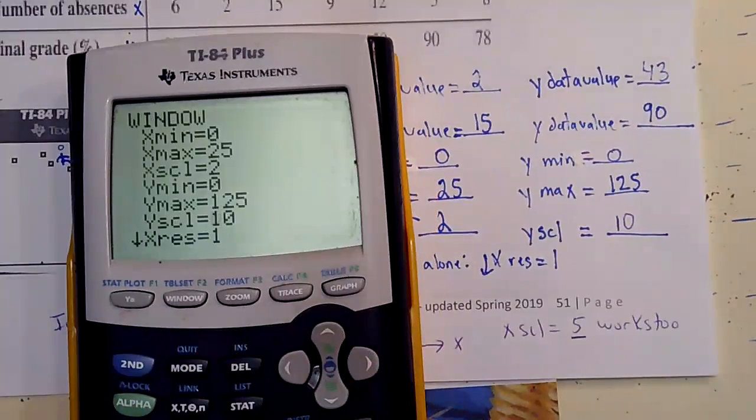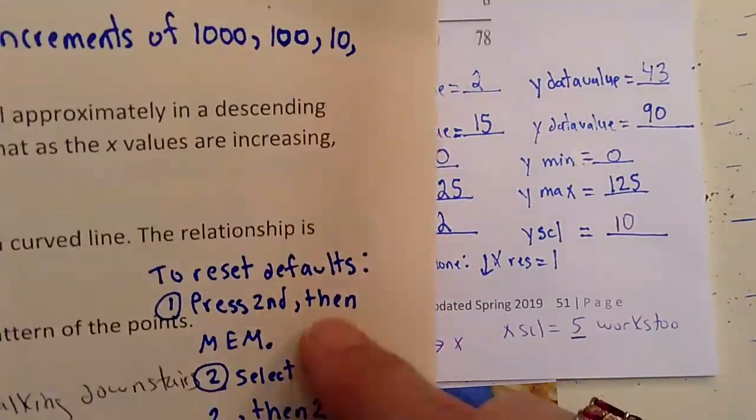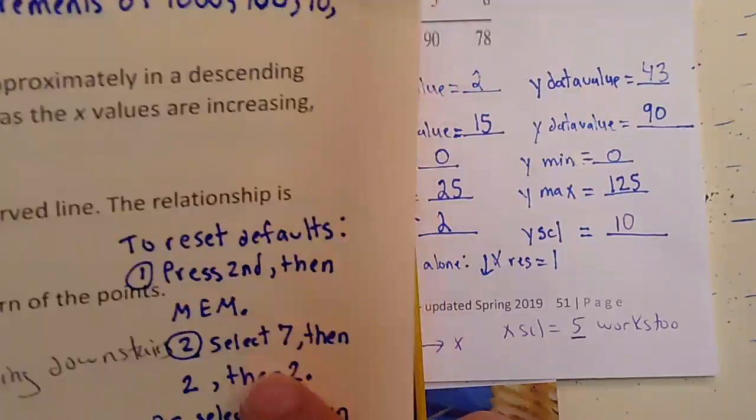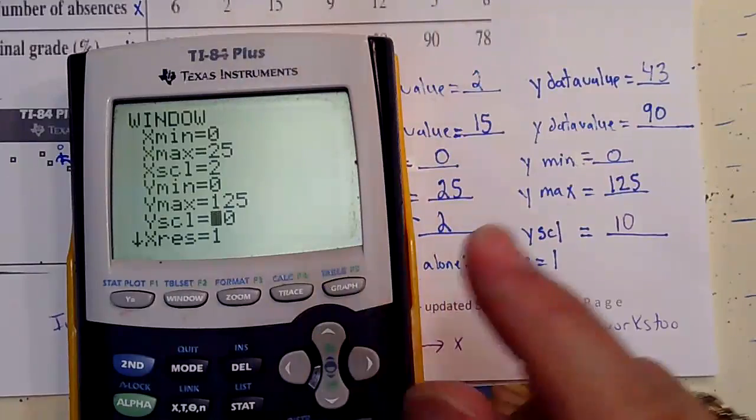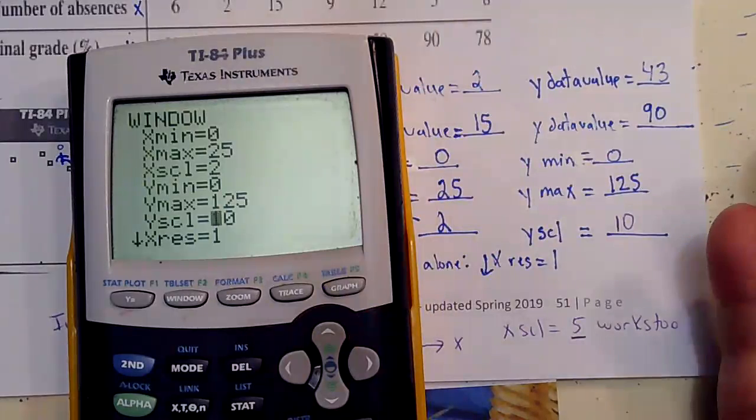And now, as long as you didn't have to do a reset, remember sometimes we talked about people having to do a reset. If we haven't had to do a reset, then we should just be able to hit graph. Remember the first time we did this, I had to turn on the plot.